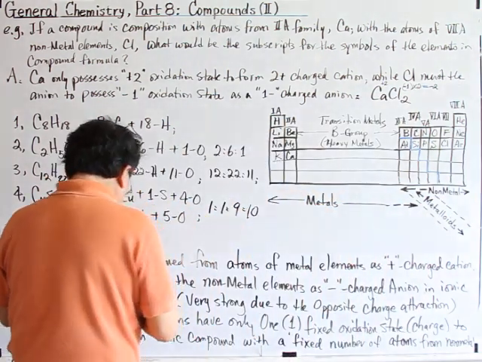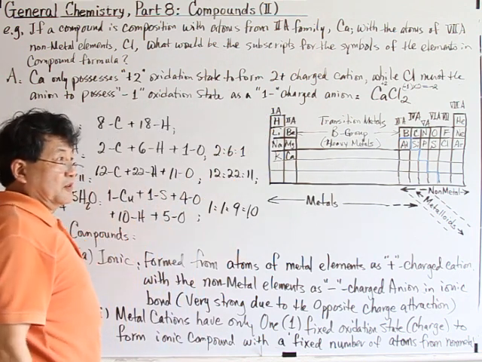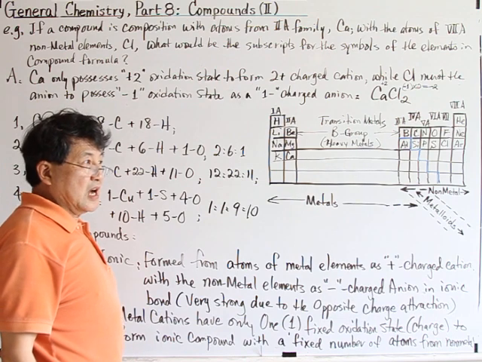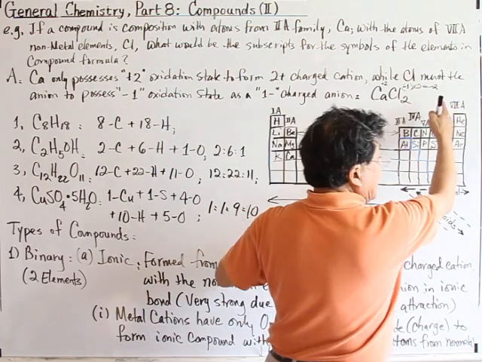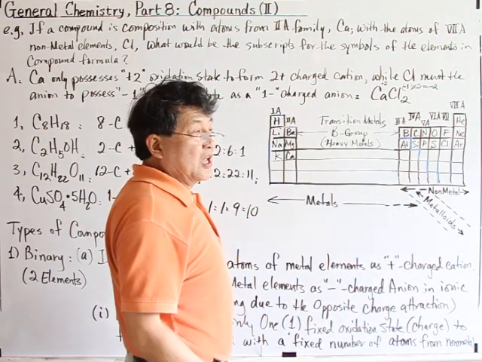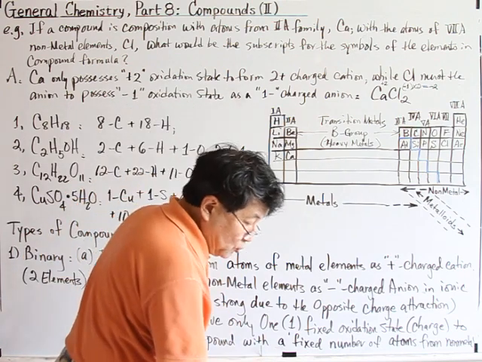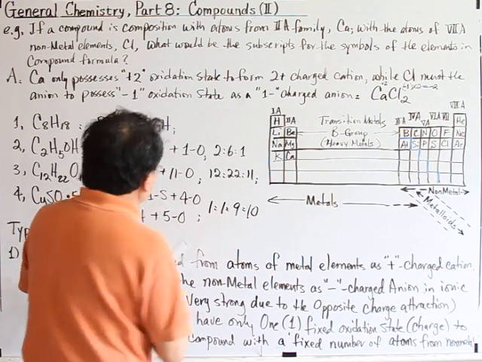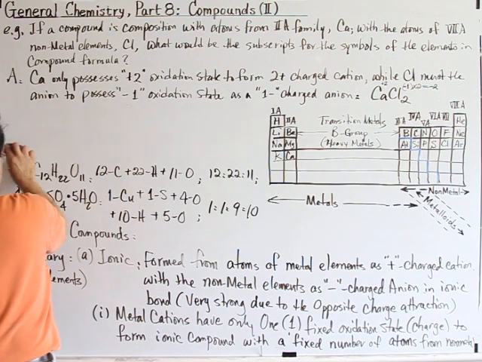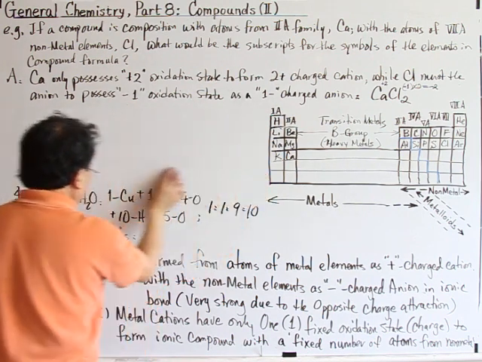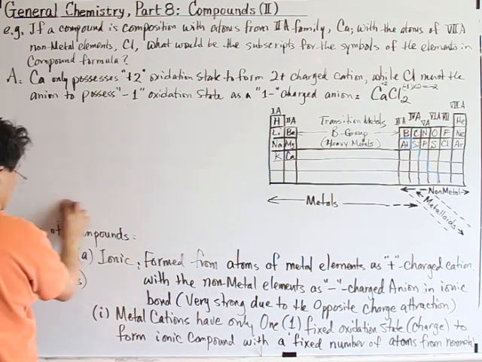Now this formula fits any other member of family 2A, the alkaline earth metals, combined with any other member of the halogen family, the 7A group. They're all the same, so you can just duplicate using this information and easily write many other compounds from these 2 families.